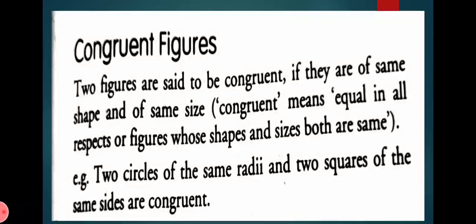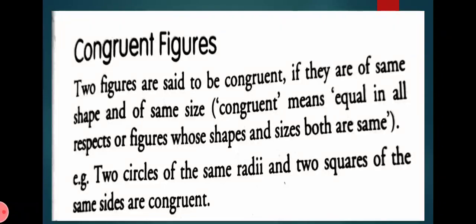Congruent means equal in all respects, figures whose shape and size both are the same. For example, if we take two circles of the same radii, both the circles are called congruent circles.